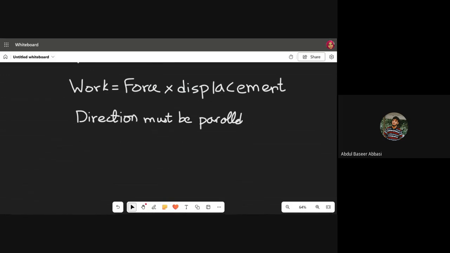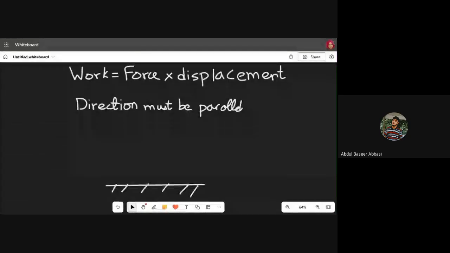All right. Now, let's say this is a surface over here, and I'm moving this object. Someone is standing over here, and he's applying some force.